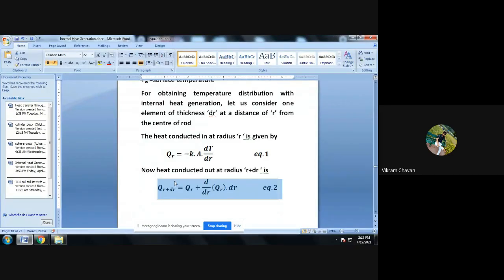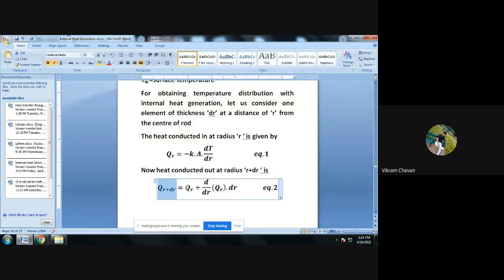What we have to do, we have to consider the heat conducted out at a radius r plus dr. Element कहाँ पे लोकेट किया है, r distance पर सेंटर से, और उस element का thickness dr इतना है. तो बाहर निकलने वाली हीट को हमने नॉमेनक्लेचर दिया है q suffix r plus dr.